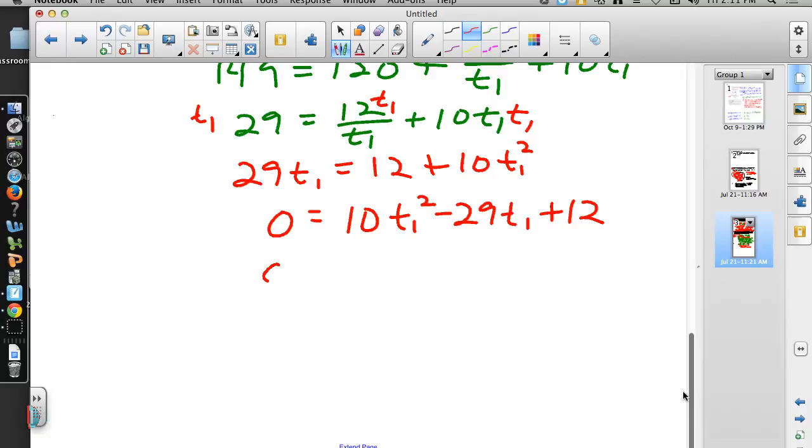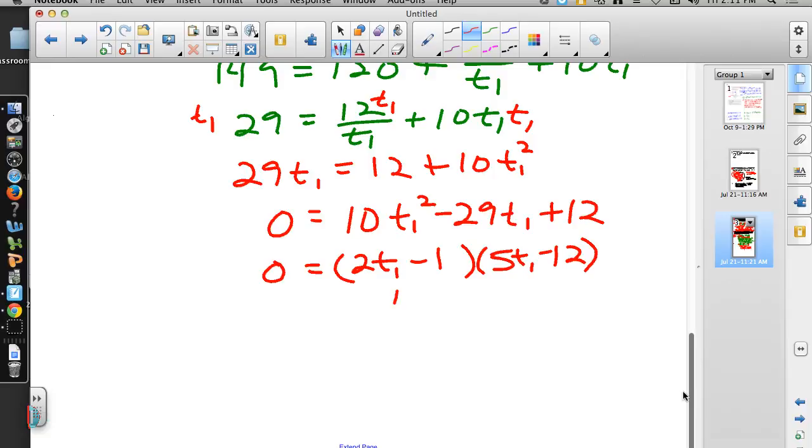So we're going to make it a 0, 10 t sub 1 squared minus 29 t sub 1 plus 12. And we would factor this. And remember, don't be afraid to use your educated guess sheet to factor this. If we use the calculator to find it, we could do that. You could write out your factors. We end up getting 2t sub 1 minus 1 and 5t sub 1 minus 12. This actually wouldn't be that horrible to factor yourself.